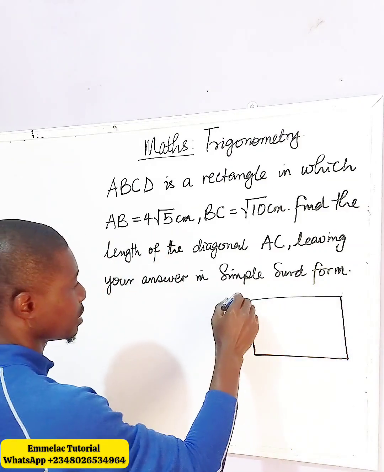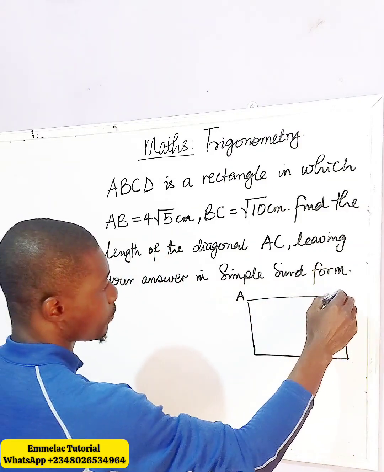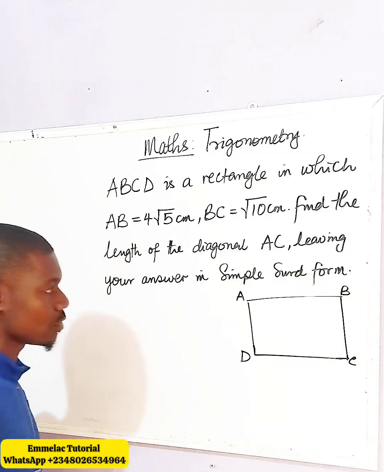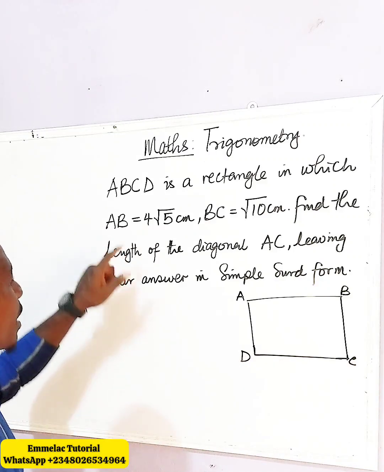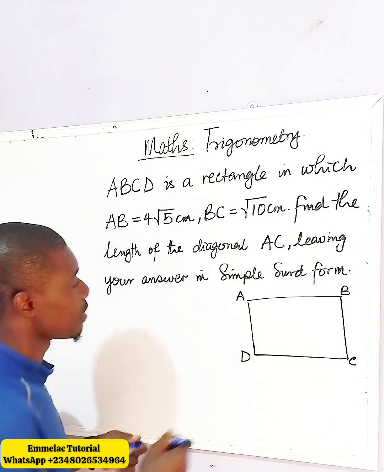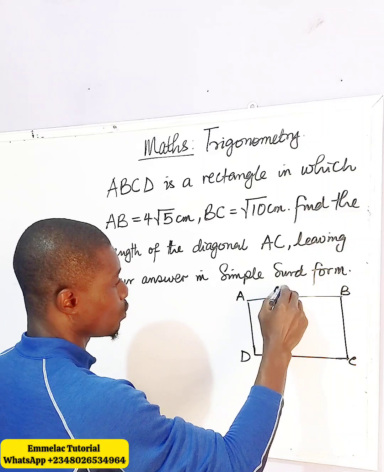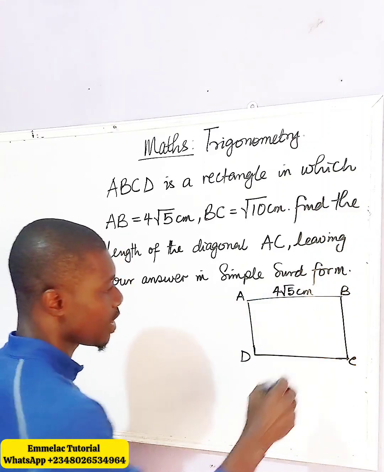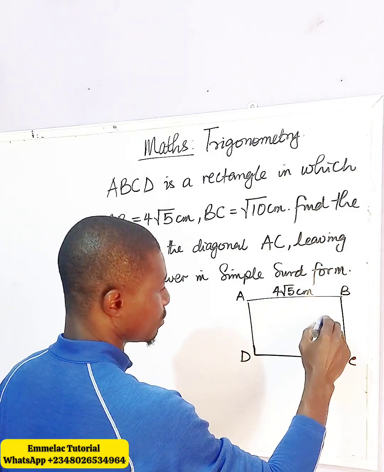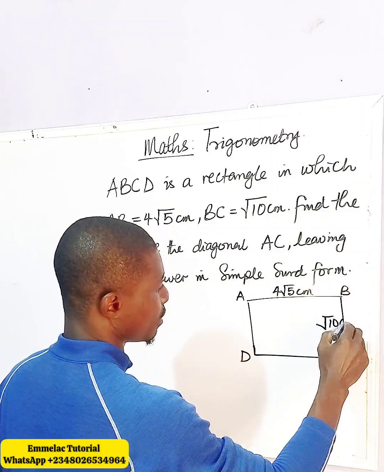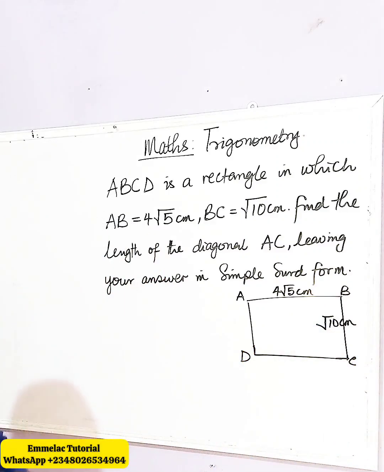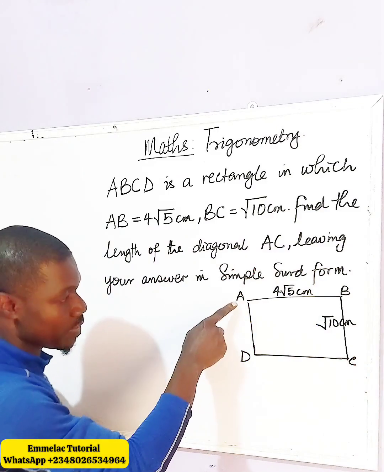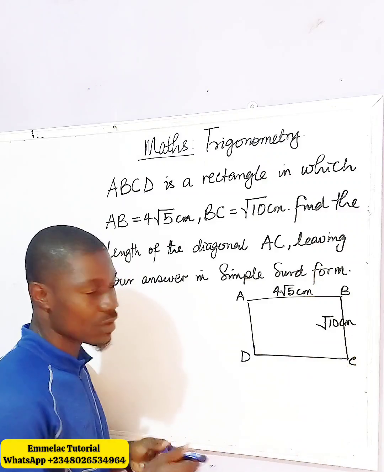Alright, so let us say this is A, B, C, and D. Now AB is 4 root 5 centimeter, and BC here is root 10 centimeter. Now you have to find the diagonal AC. Okay, so from here to here, that's the diagonal.